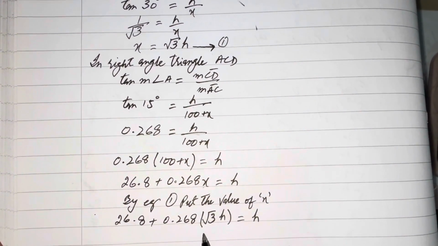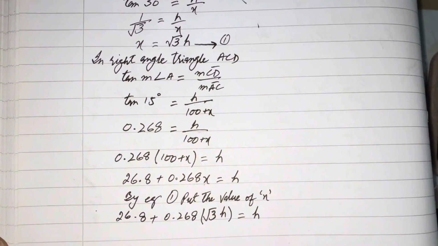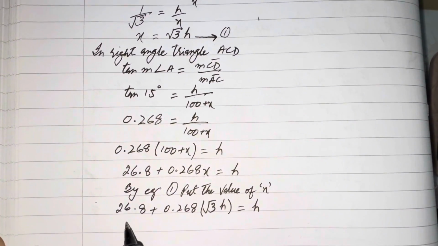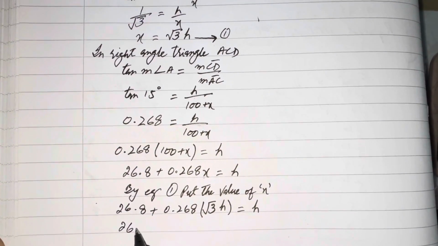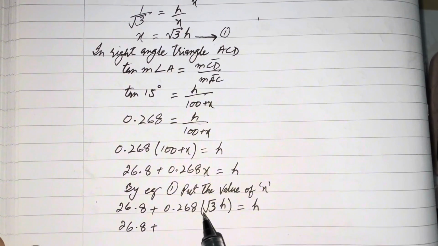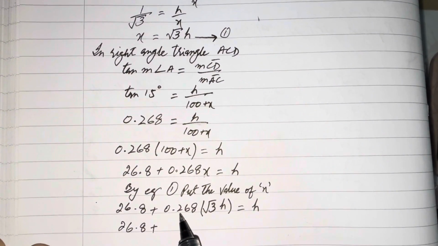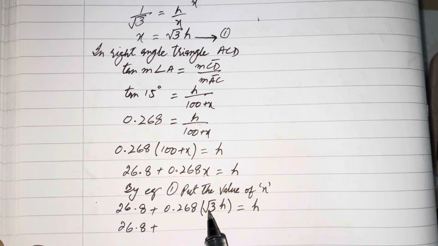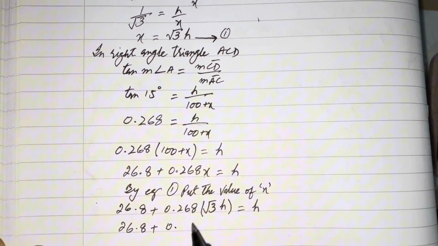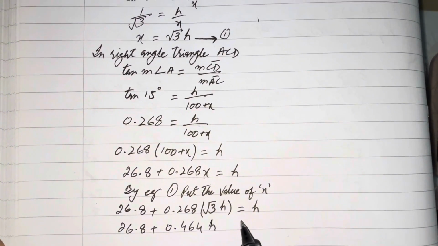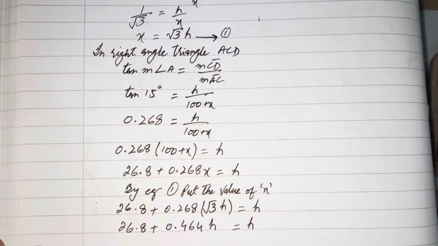In the next step, we multiply 0.268 with root 3. Using the calculator, that becomes 0.464, so 0.464h plus 26.8 equals h.